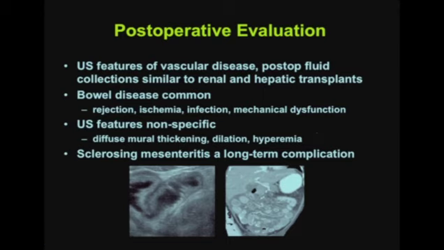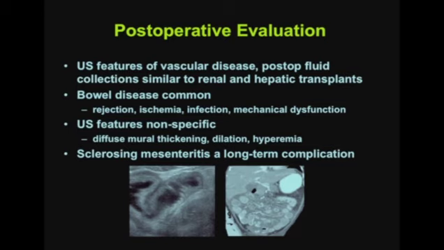The ultrasound features of the vessel abnormalities and postoperative fluid collections are similar to those of the renal and hepatic transplants that I've already discussed. Bowel disease is very common. There may be rejection, ischemia, infection, or mechanical dysfunction.